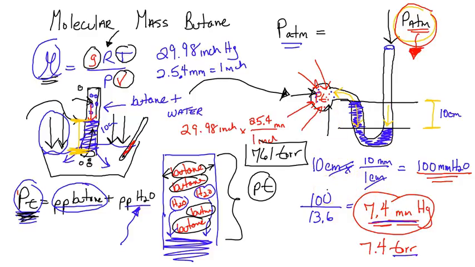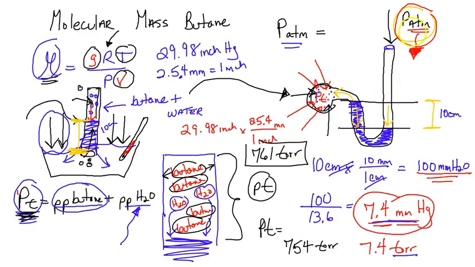So 761, or let's take the raw number that I got, minus 7.4. And it gives me PT is equal to, I'll just keep it to 3 sig figs, 754 torr.